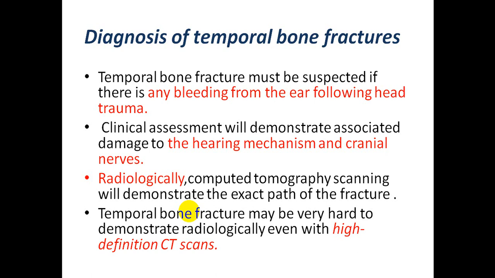And the clinical assessment will demonstrate associated damage to the hearing mechanism and cranial nerve involvement, especially facial nerve paralysis. So we do a CT scan of the temporal bones to see the type and extent of the fracture of the base of the skull.